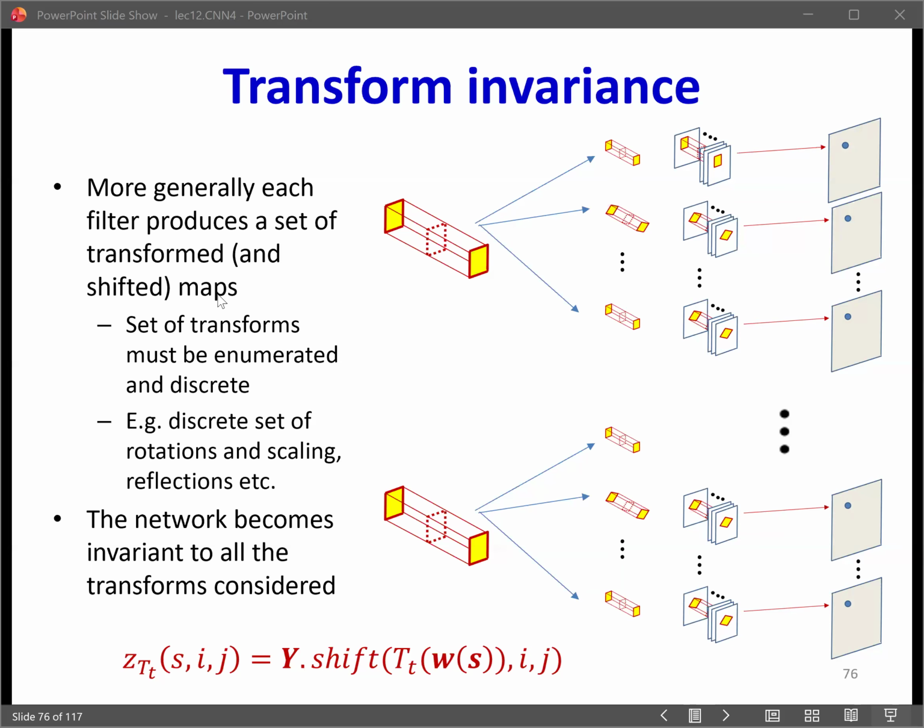This means we need the set of transforms to be enumerated and discrete. So I'd have a discrete set, because I'm making copies of the filter, right? So I need a discrete set of rotations, scaling, reflections, etc. that I can list out, and this filter is going to be put through all of these.